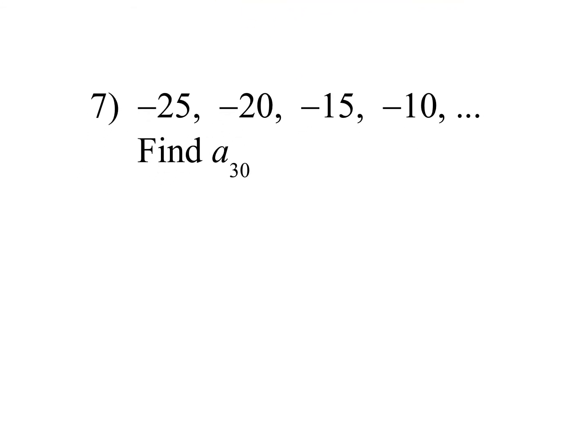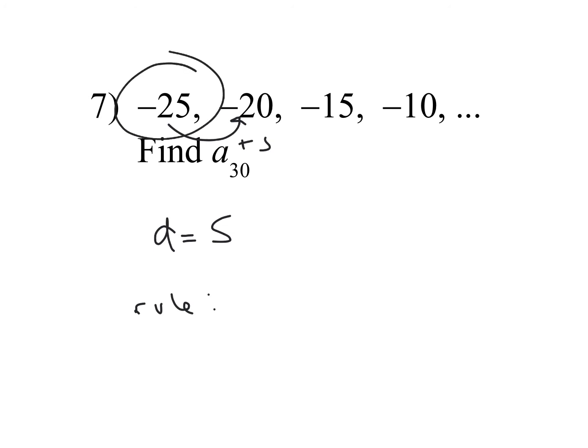Alright, next one. Doing the same thing. So here we can see we're adding 5 to get from one term to the next. So our common difference would be 5. For our rule, we plug in our first term and 5. So we have a sub n is equal to negative 25 plus n minus 1 times 5.